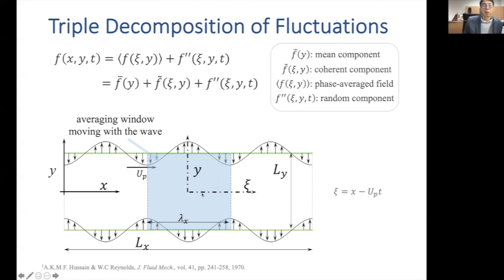And this window travels with the wave. So in this frame, the control input looks steady, and the resultant coherent fluctuation is also steady in this window. That component we call the coherent component. And as I said, this is periodic and moving at the same speed as the control input. And finally, we have a double-prime component. This is other fluctuation, which is incoherent and unsteady.